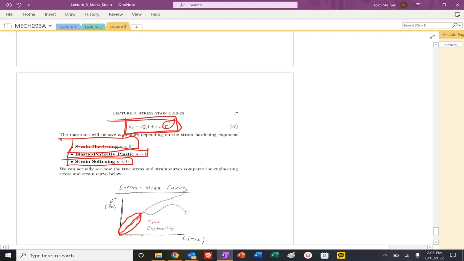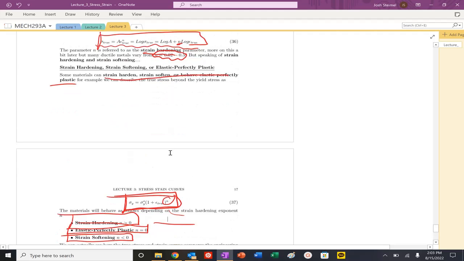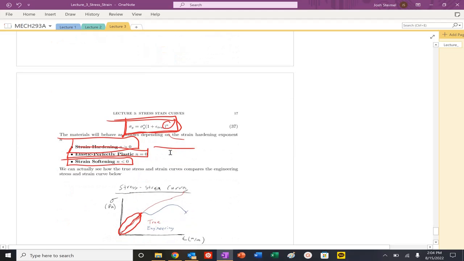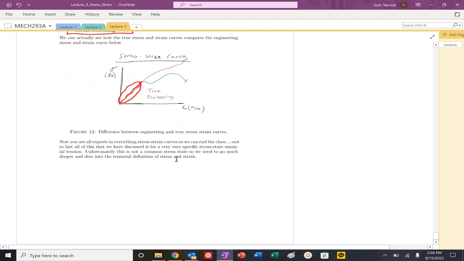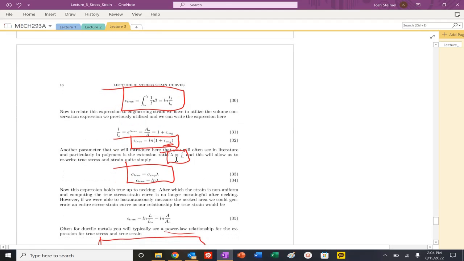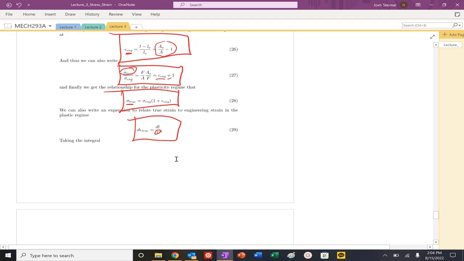If it strain hardens, my yield strength will increase. If plastic, it'll just be flat. If it's softening, then it'll dip below. So that is how we can describe the true stress beyond the yield stress. This would be effectively the true yield stress. That is, in a nutshell, how you can relate true stress and strain.